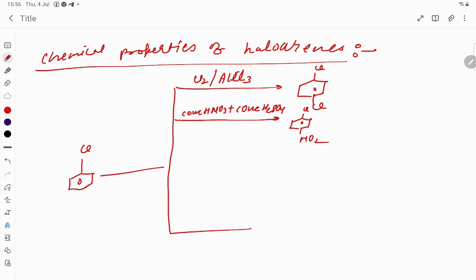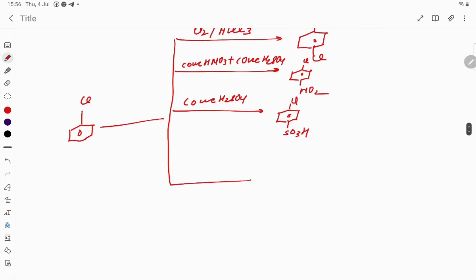Now you can do the sulfonation, student. You can treat with concentrated H2SO4, so here Cl and downside SO3H. Now Friedel-Crafts alkylation. If you are doing Friedel-Crafts alkylation, student, here is a Cl and downside CH3.